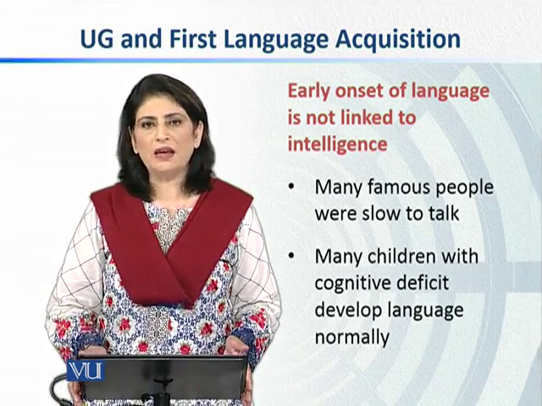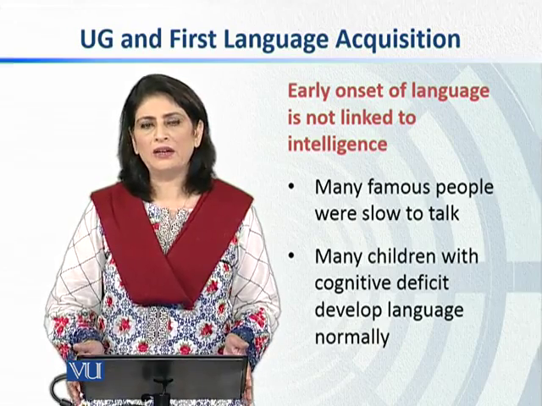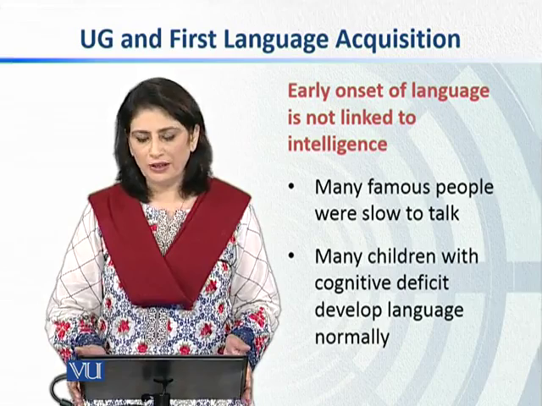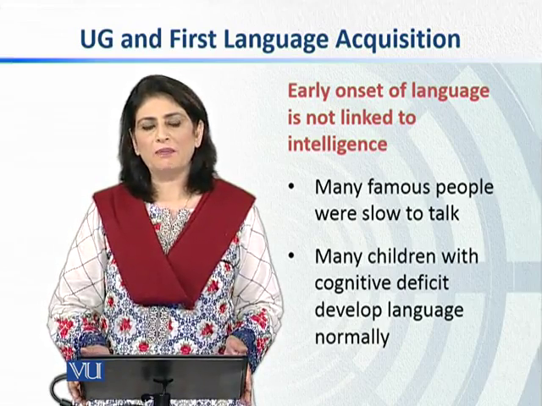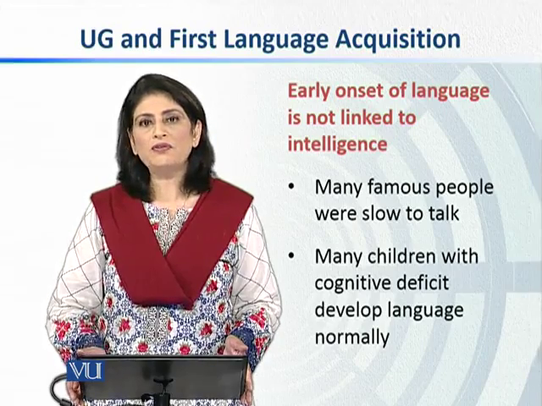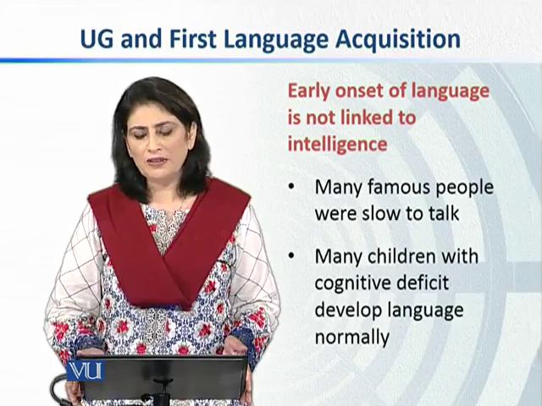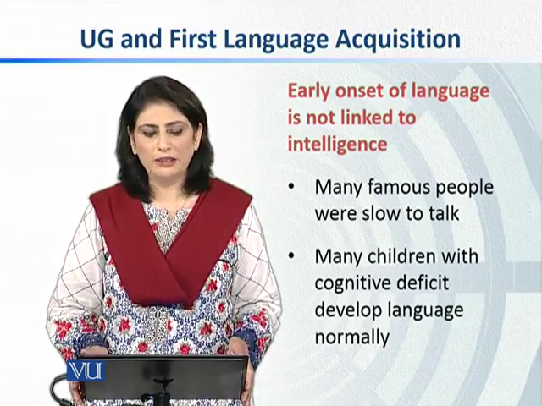We have the examples of many famous people who were very slow in learning their first language. Similarly, we also have examples of several children who have cognitive deficits, however, their language develops normally.